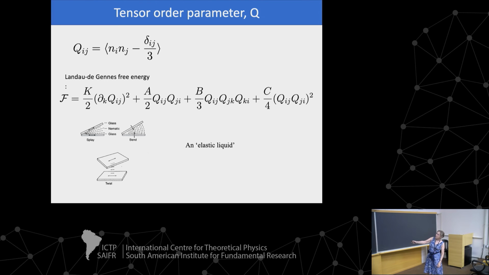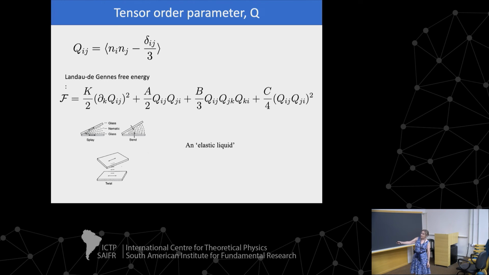For those of you that are used to Landau free energies, Landau expansions, this is how you write down the free energy of this nematic phase. These are the bulk terms where I choose all combinations of the order parameter which give me a scalar.